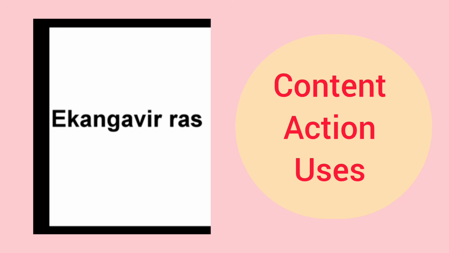Ingredients, contents are heat and hot. They do the scrapping, they remove the obstruction, they remove the ama, toxin like material. So Ekangvir Rasa is for problem with santarpanajanya.